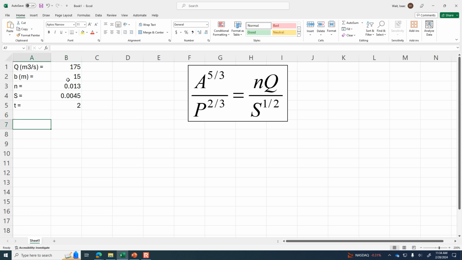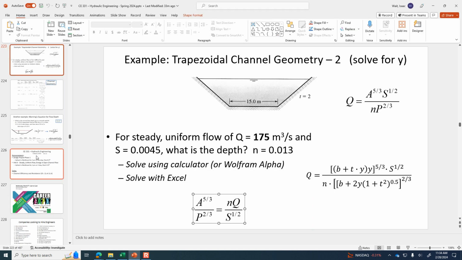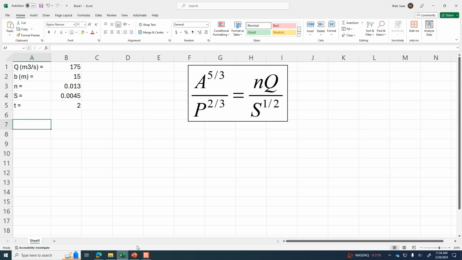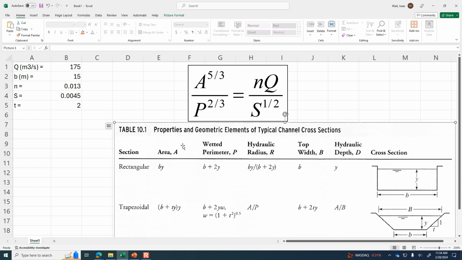Okay, now I need to calculate the W term. Do you remember from this table 10.1 that we've seen before? Let me copy that into the spreadsheet. So for a trapezoidal channel, we're going to need this intermediate calculation of W, which we use to find the wetted perimeter.